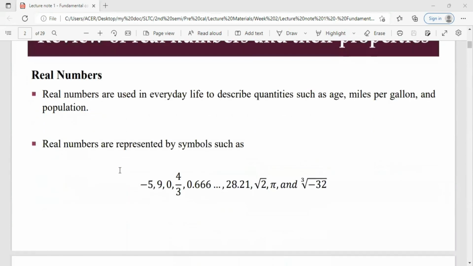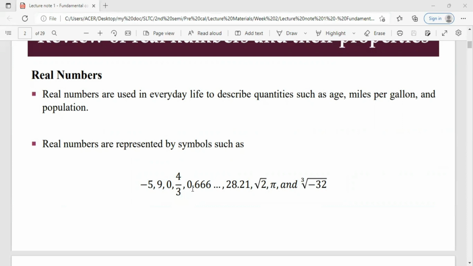So here there are some symbols to represent the real numbers. You can see here -5, so that means a negative sign is also included. And here 9, so that means a positive value. And 0, and fractions like 4 divided by 3.